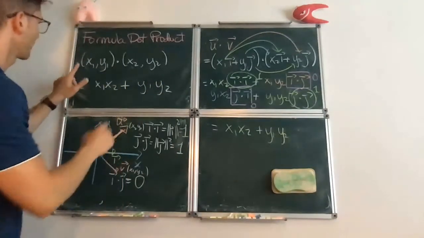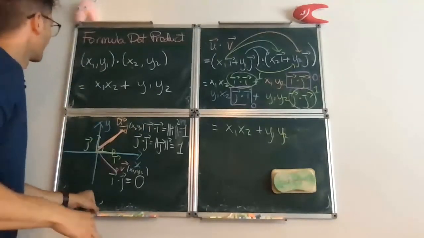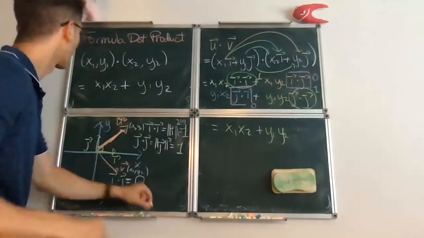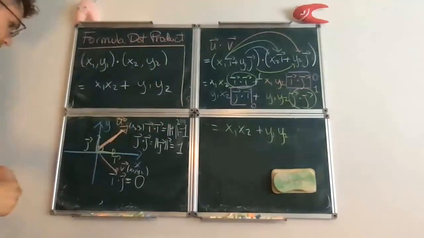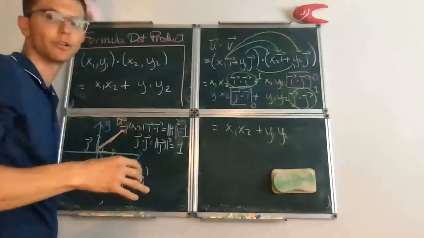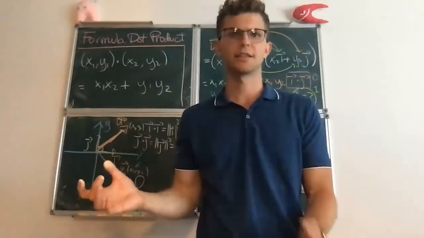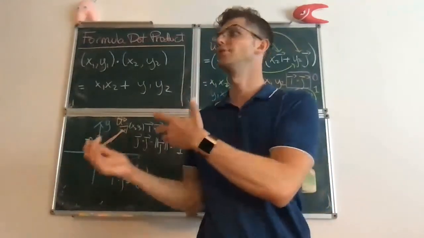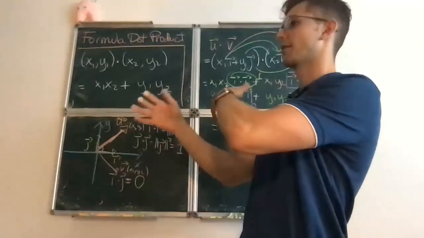So the dot product consists, from this algebraic perspective, of two individual multiplications which are added to each other. Okay, so now in the next video I'll do some examples and tell you some useful ways that you can play around with this formula.